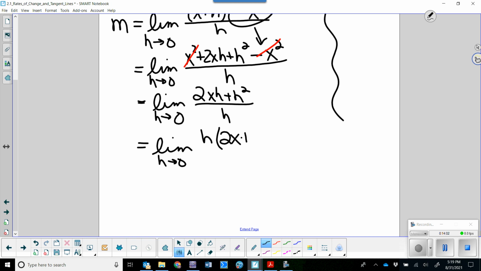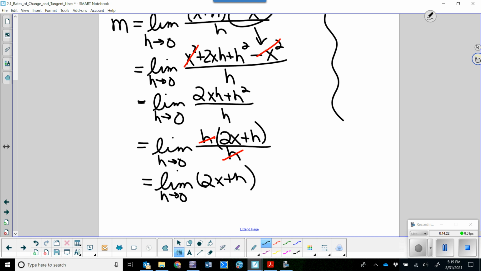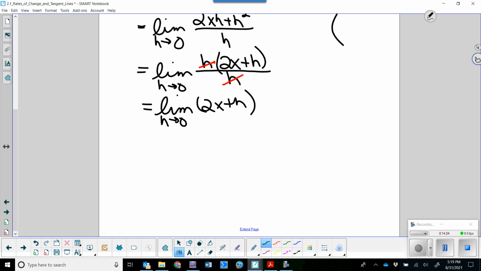So you have h times 2x plus h, all over h. And then now that you have multiplication here, you have h over h. That becomes a 1. So you really have the limit as h goes to 0 of 2x plus h. Now apply the limit, which means plug 0 in for h. You plug 0 in for h and you're just left with 2x.